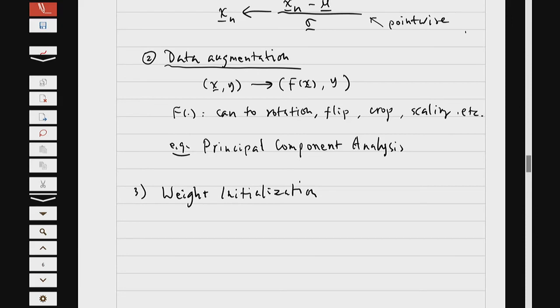In large-scale deep learning, you have many, many layers. So if the weights are large, what happens? Remember, this layer's values multiply the weights sent to the next layer.